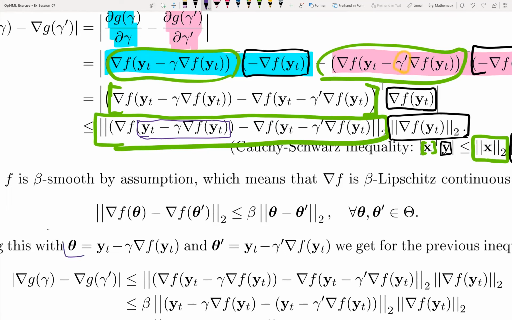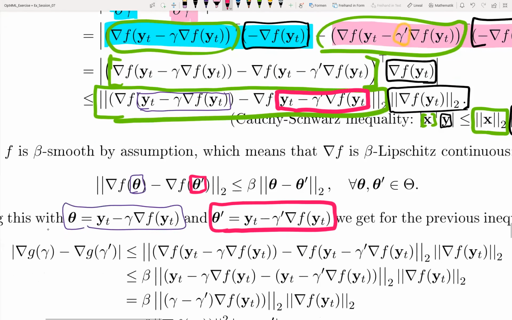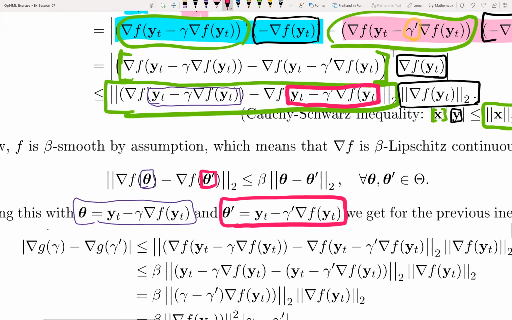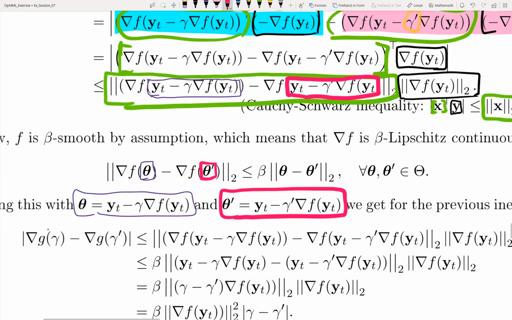And here we have again the gradient of f at some other point, namely at the same, only with the gamma replaced by gamma prime. And this is where we ended.